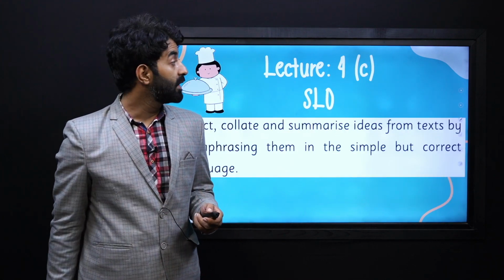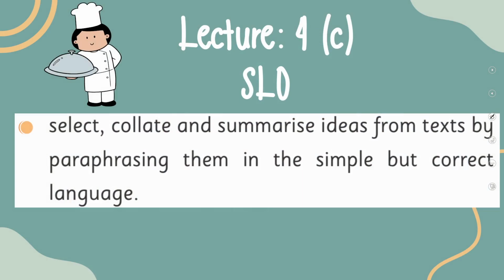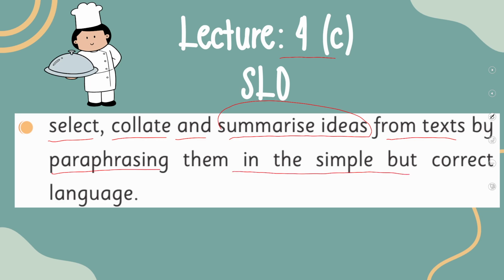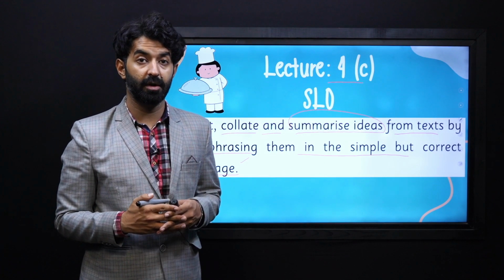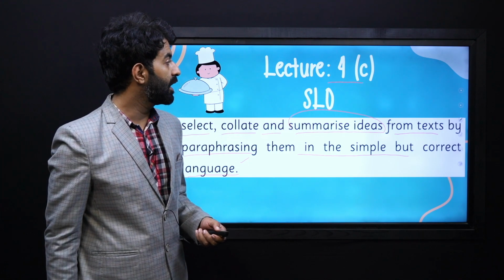And next one is our lecture number 4C with the SLO of select, collate, and summarize ideas from texts by paraphrasing them in simple but correct language. So again, this SLO is about summarizing and paraphrasing. We will be learning about that.